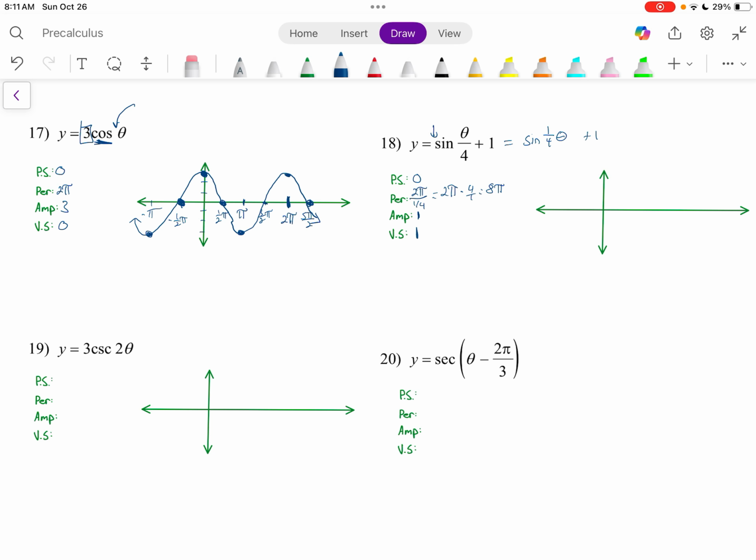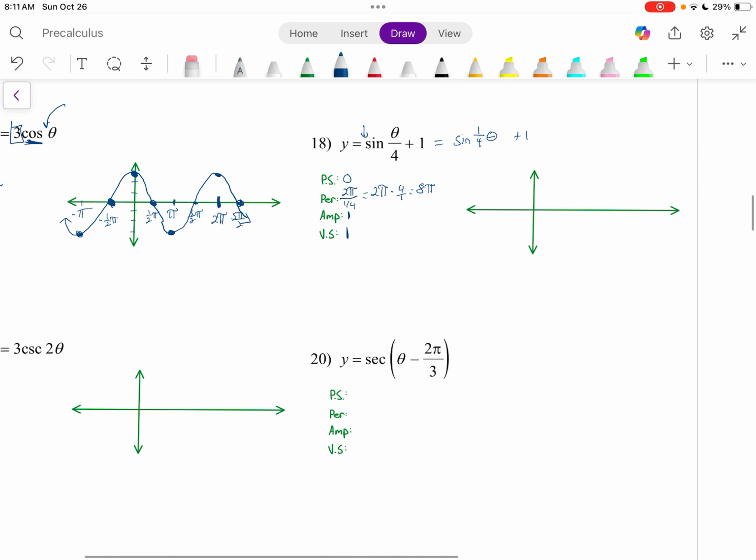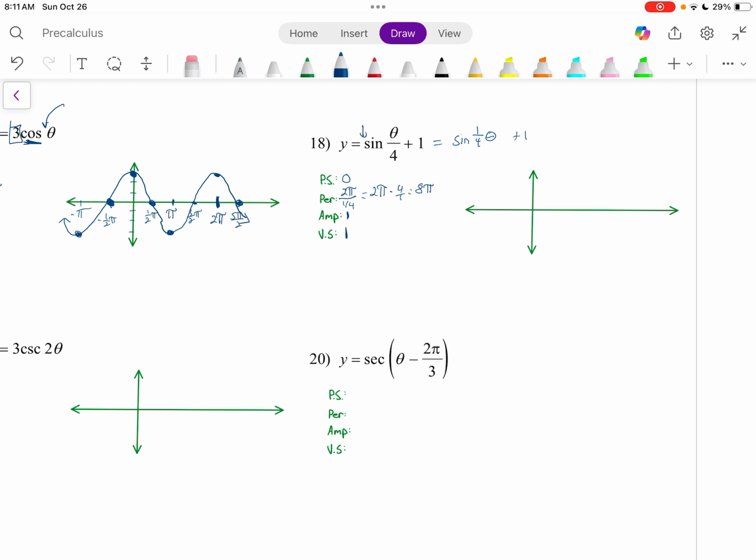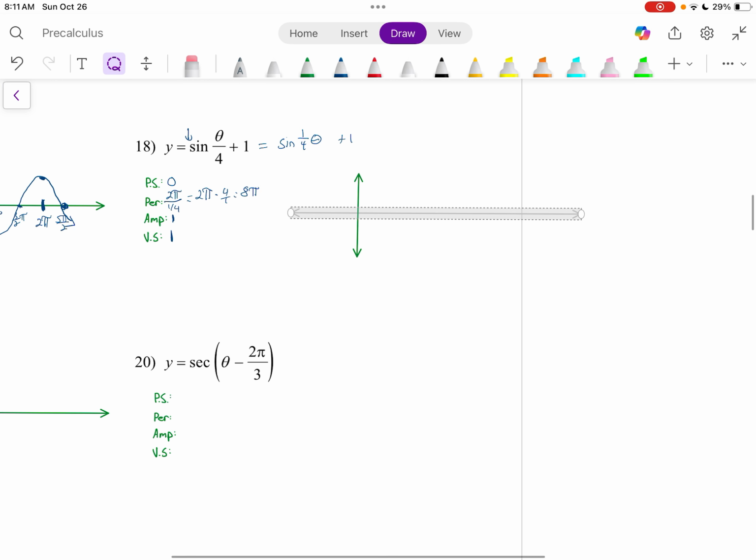No phase shift, so we can start here at 0. The period is 8 pi. That's much larger than normal. So I want to make sure we are aware of that, and I'm going to go off our page here. If the period is 8 pi, we'd really be a lot further out.